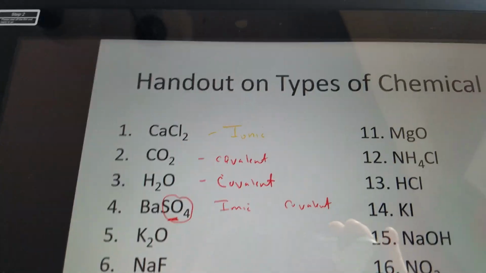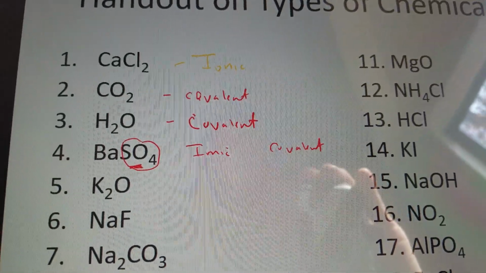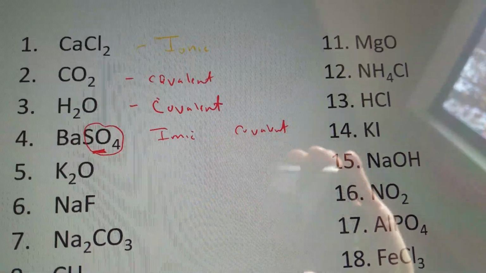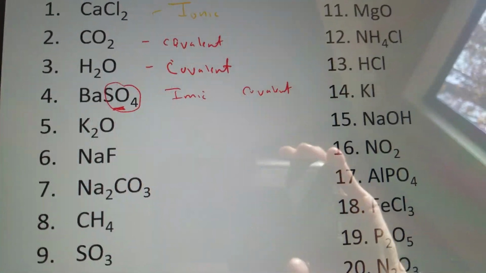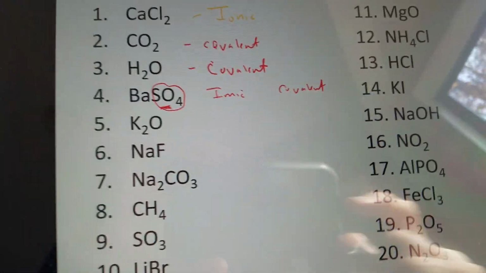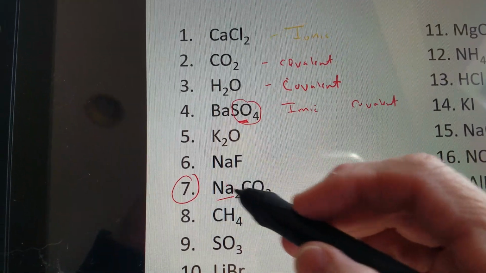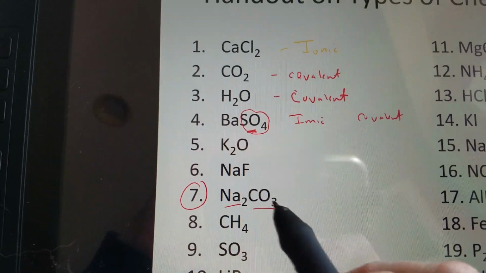So in any of these that have 3 or more symbols or elements, you know you're going to have both types of bonds. The next one that would have both types of bonds would be number 7, because I have a metal with a polyatomic ion. So in between here I'd have an ionic bond, and within the polyatomic ion I would have covalent bonds.